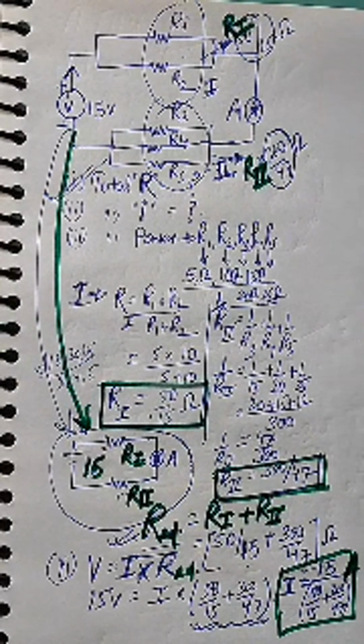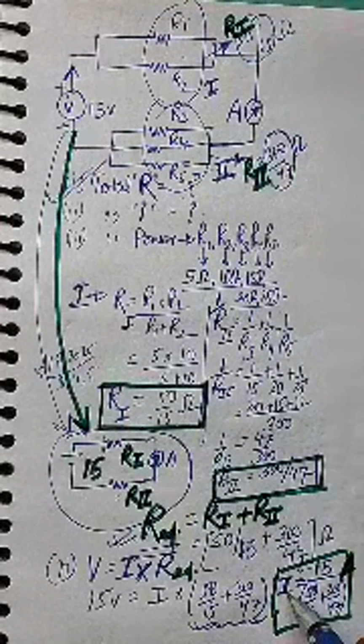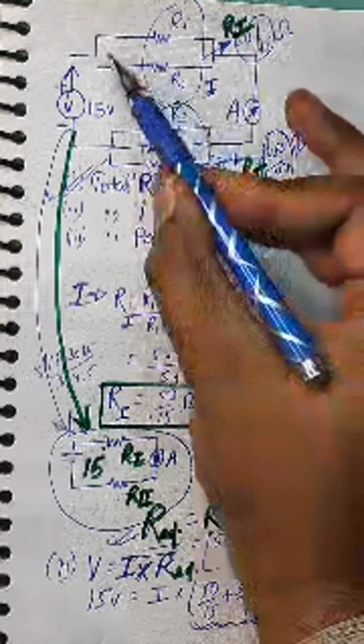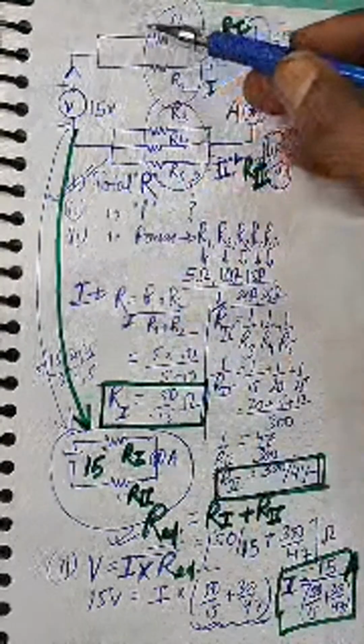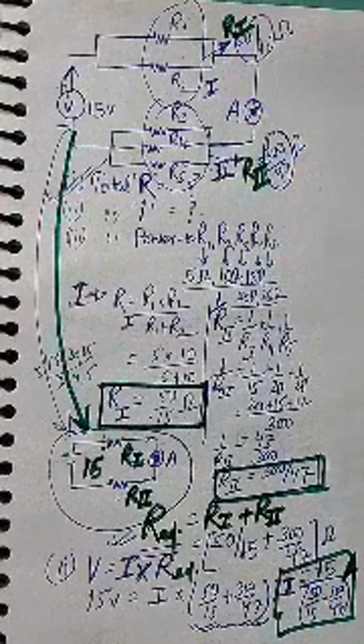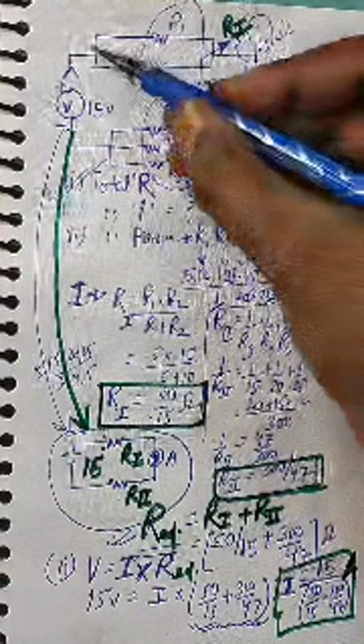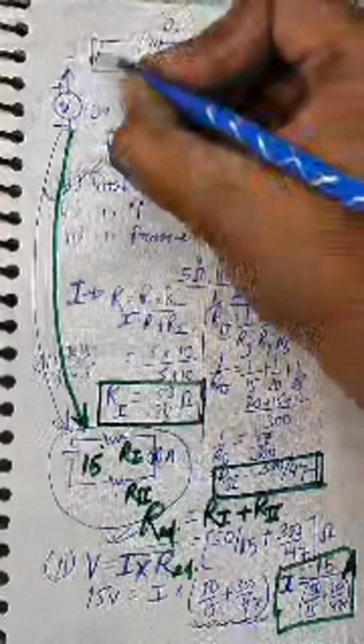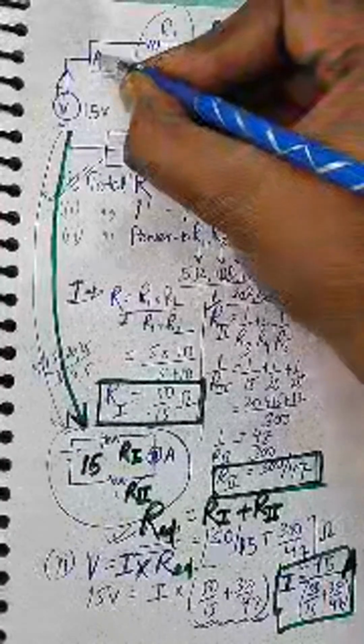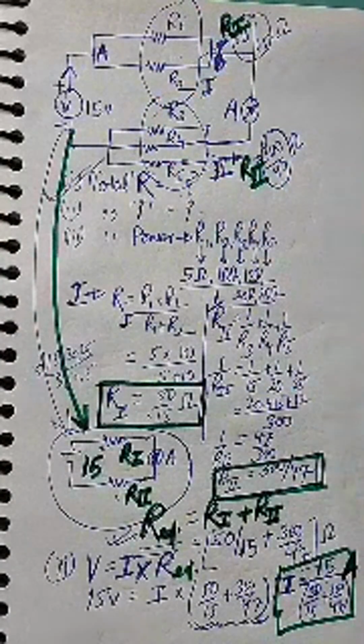Now, when we calculate the I, right? We know the voltage across parallel connected circuits is always equal, right? Voltage across parallel connected circuits is always equal. So if this is terminal A and this is terminal B, then voltage across A and B will be equal to how much?